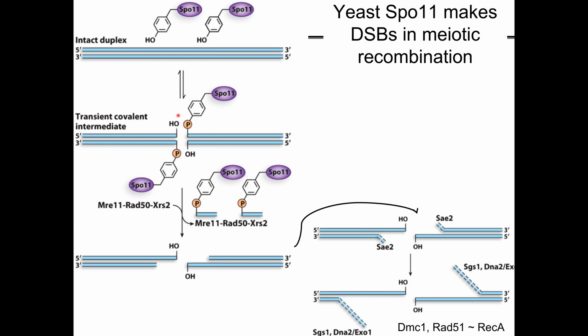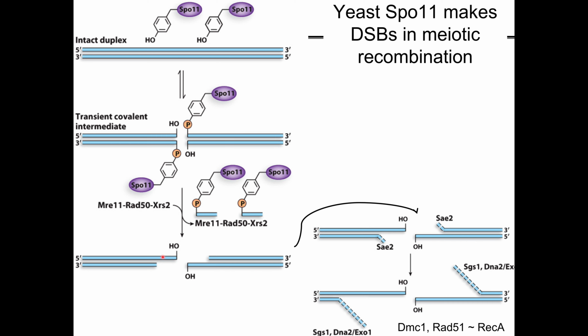And this transient covalent intermediate then becomes a substrate for what we call the MRX complex, comprised of the proteins MRE11, RAD50, and XRS2, which come in and function as helicases and endonucleases to remove the SPO11 conjugated sequence.